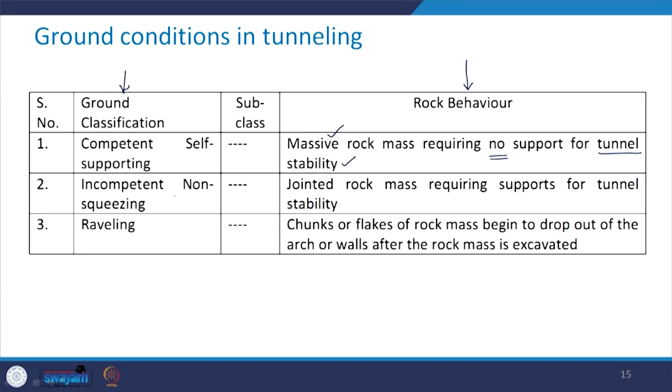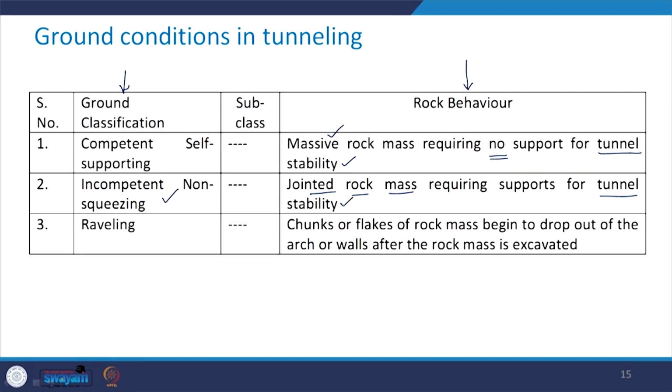The second category is incompetent non-squeezing. This has jointed rock mass and it requires support for the tunnel stability.